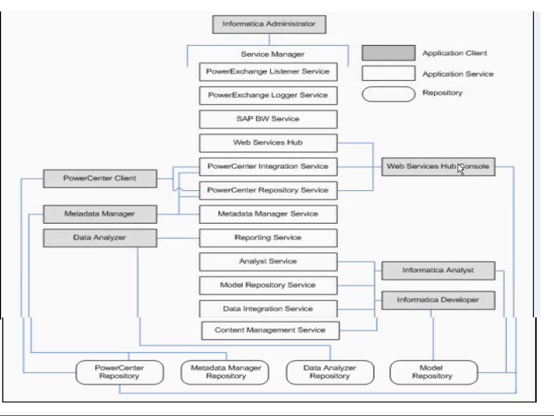In simple terms, in order to bring up the Informatica Analyst client, this Analyst Service has to be up and running. Without this service up and running, we can't bring up the Informatica Analyst client.